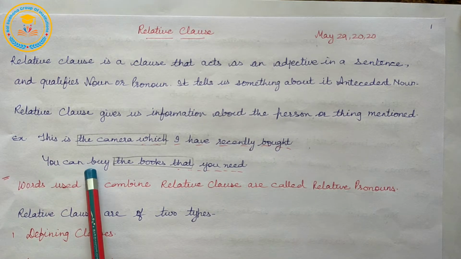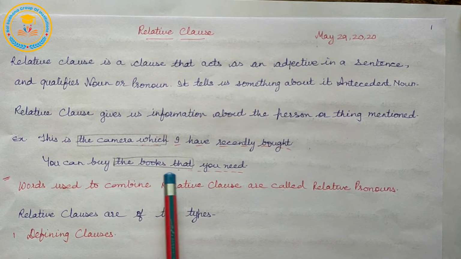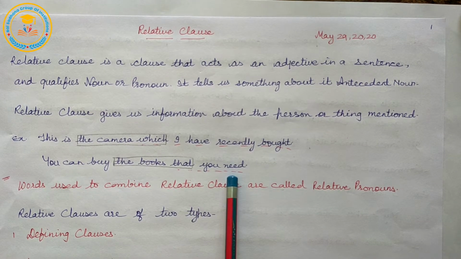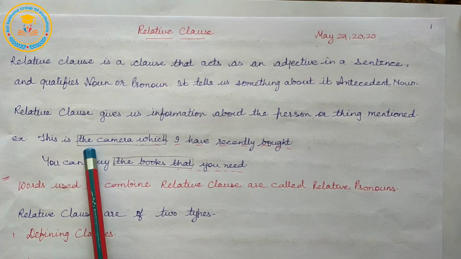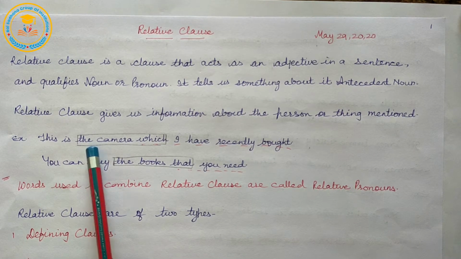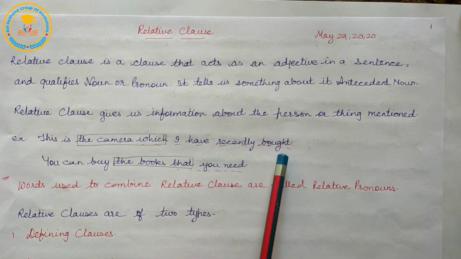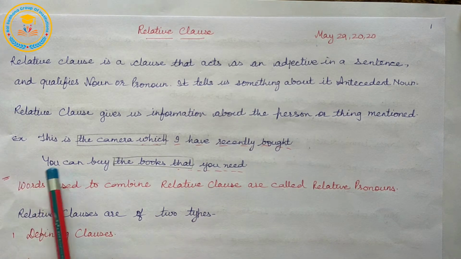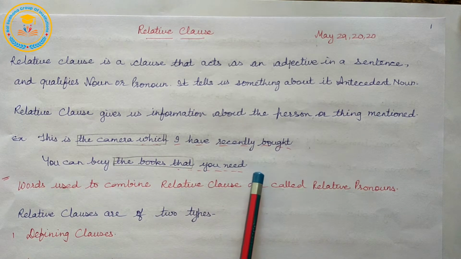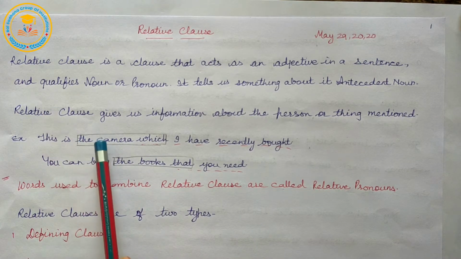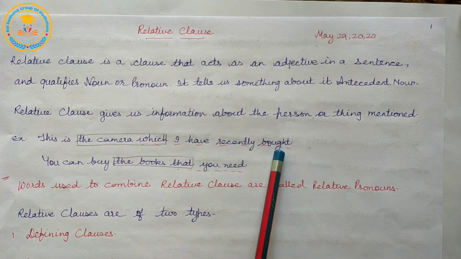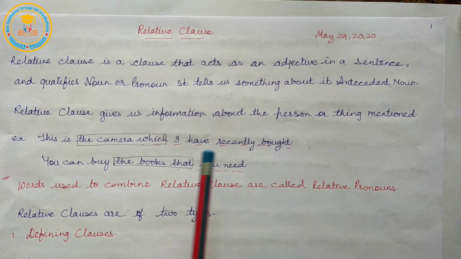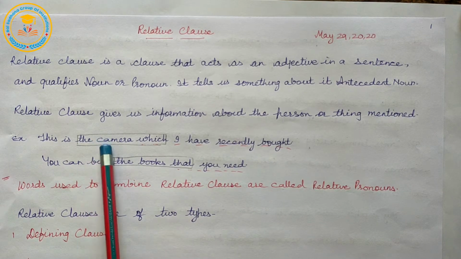You can buy the books that you need. So here are two sentences. This is the camera which I have recently bought. You can buy the books that you need.